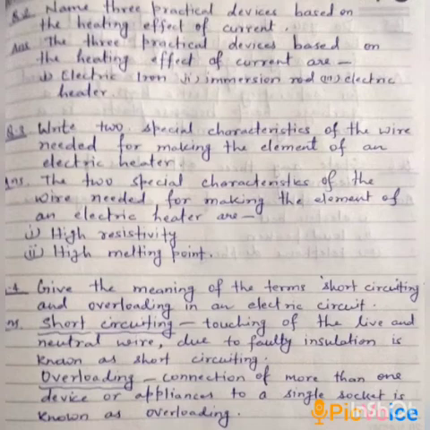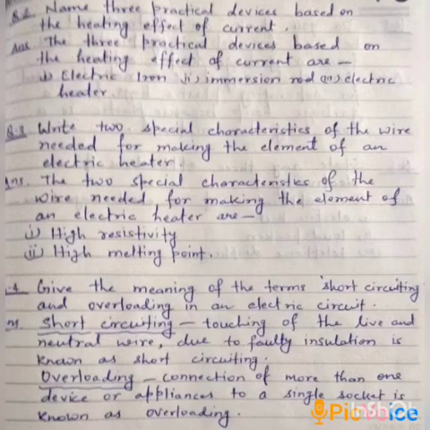Write 2 special characteristics of wire needed for making the element of an electric heater. The 2 special characteristics are high resistivity and high melting point.